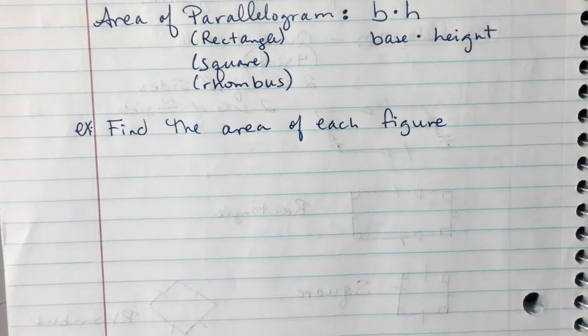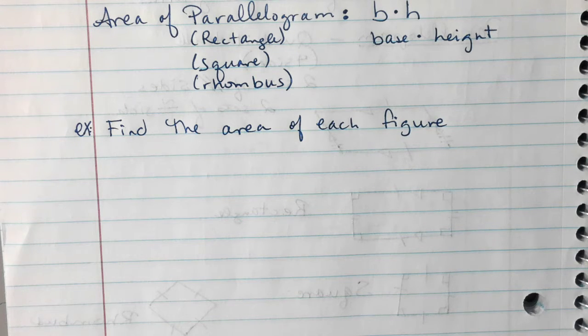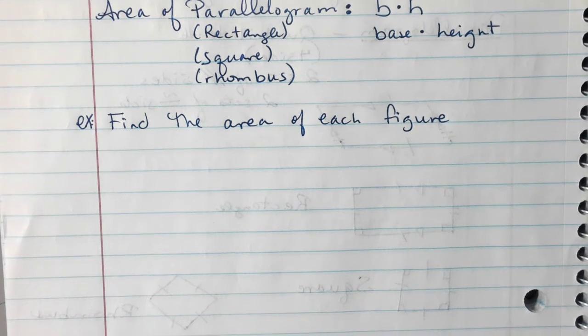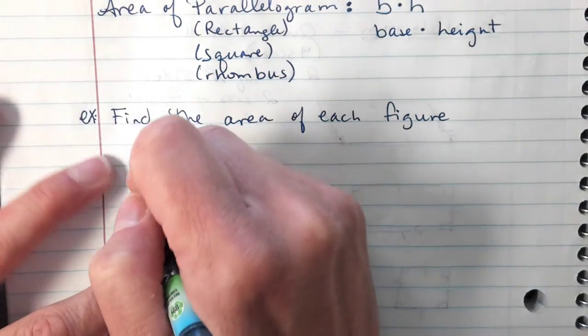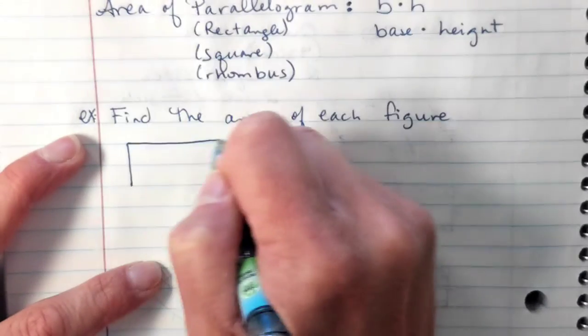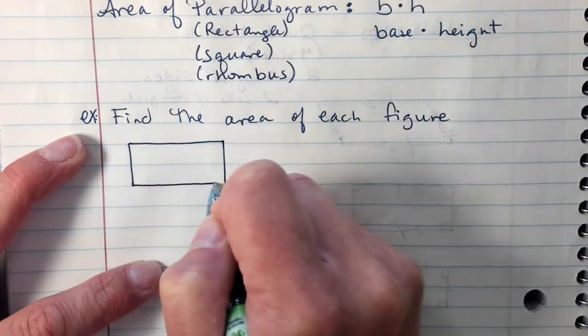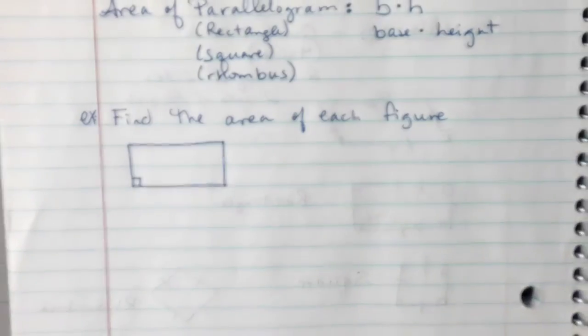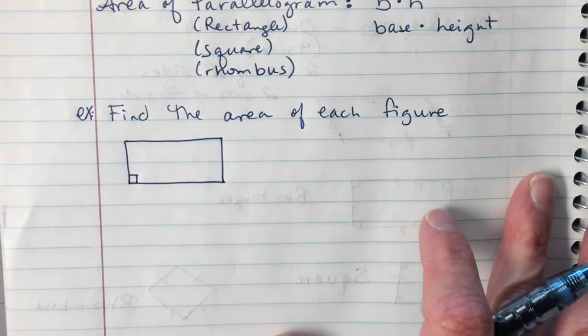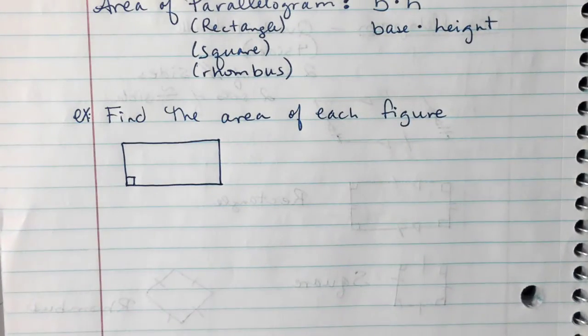So we're going to get ready and we're going to practice a few different shapes and areas, and then we're going to be done with these notes pretty quick. So I'm just getting the directions written down for you, and I'm going to draw a couple of shapes and we're going to jump right in. You guys can help me.